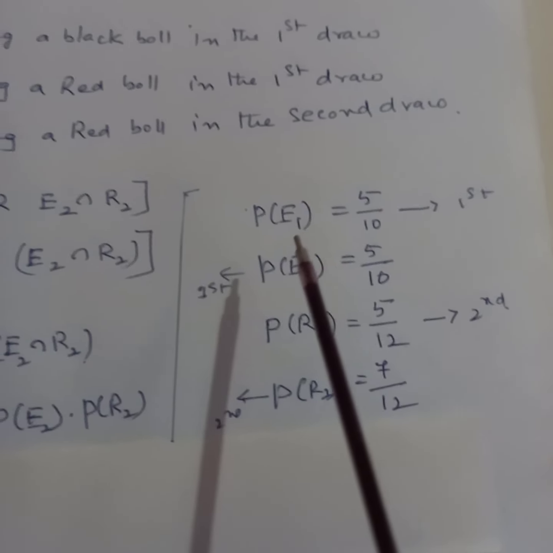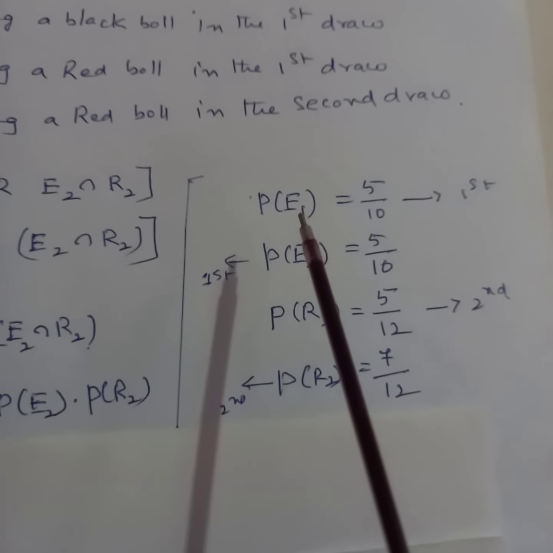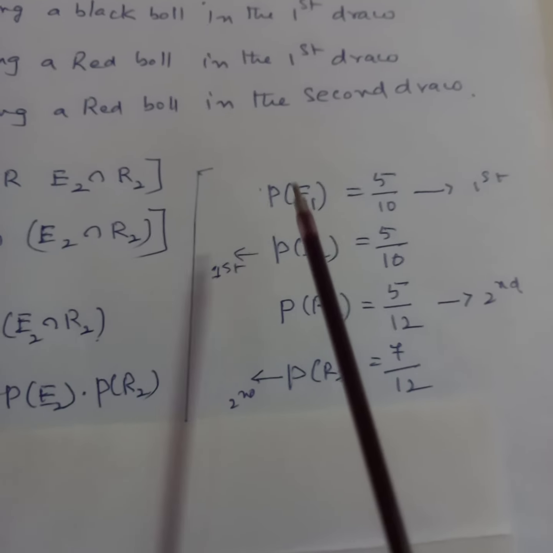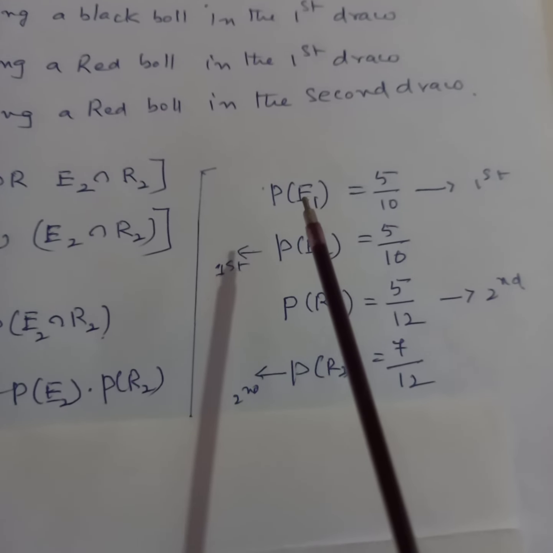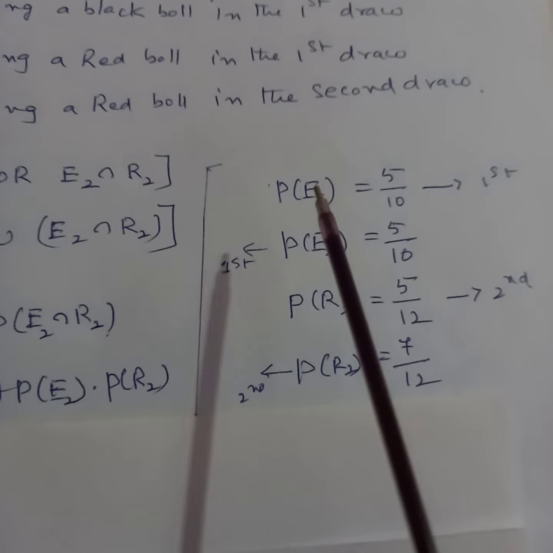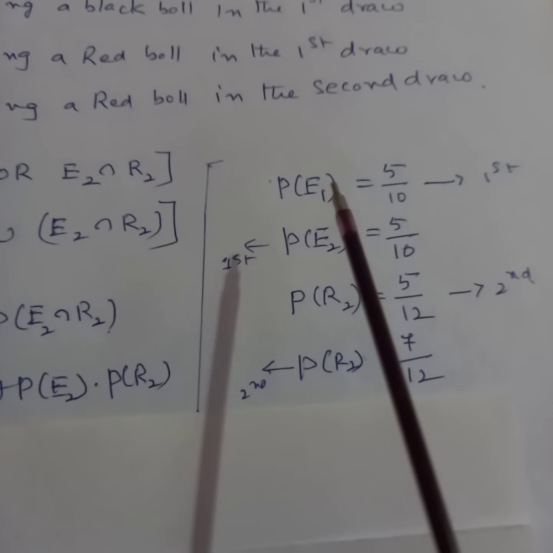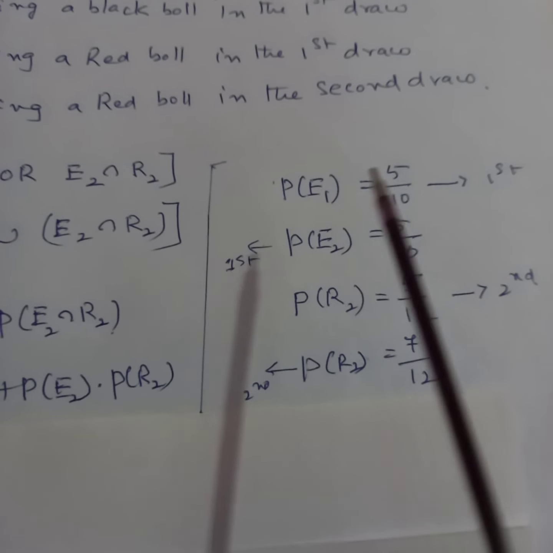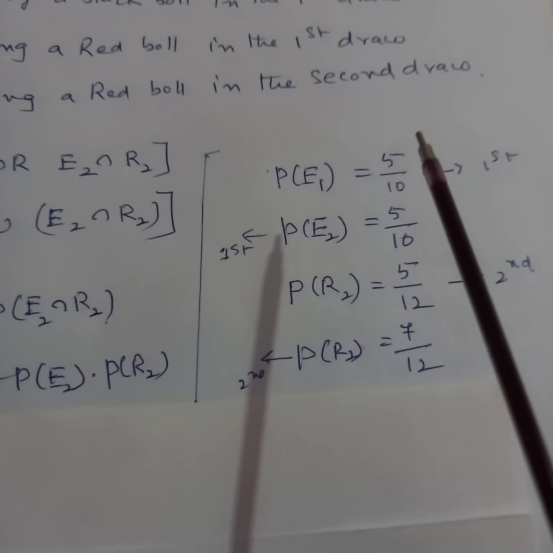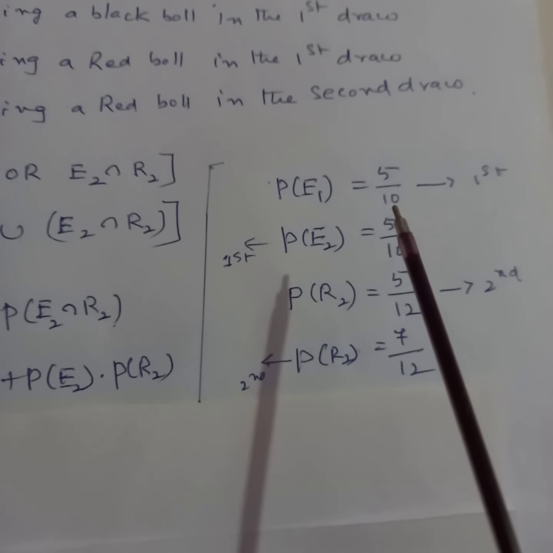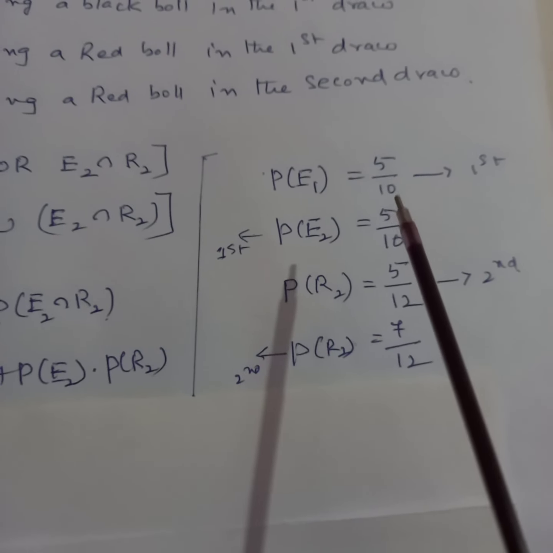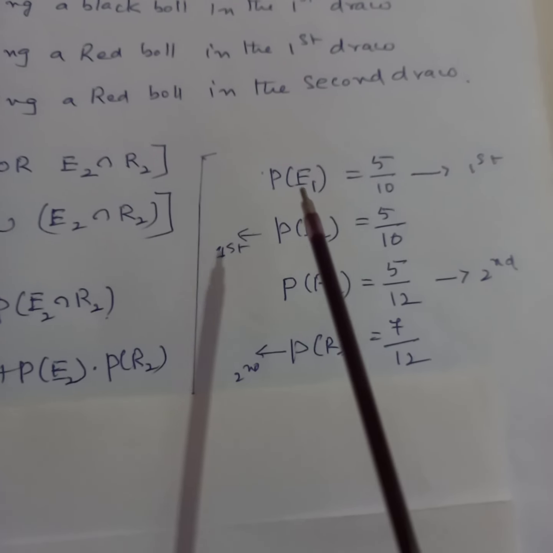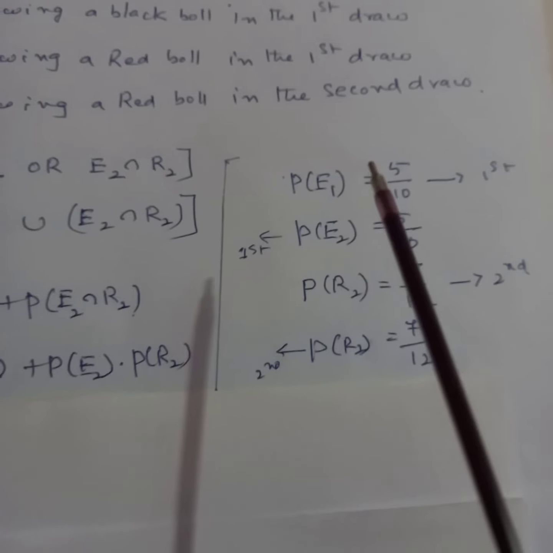What we do is, we draw a ball. Suppose it is black in color. We note down its color. And what is the probability of drawing a black ball? 5 by 10, because there are 5 black balls and the total number of balls in the urn is 10. So 5 by 10 is the probability of getting a black ball.